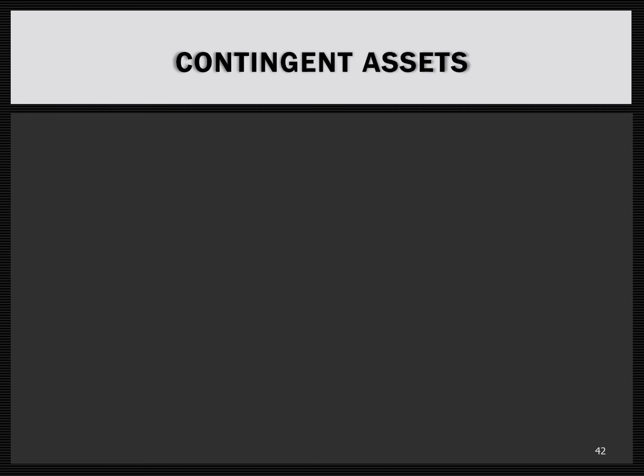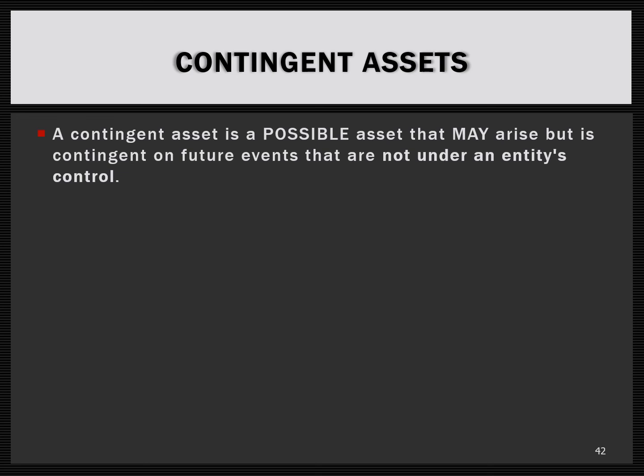Now, contingent assets are dealt with very differently because we're always cautious about including assets in the balance sheet. And a contingent asset's an asset that may give rise to an inflow of cash or benefits, but it's uncertain.